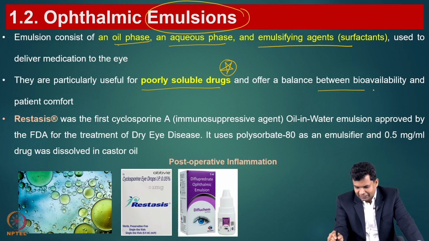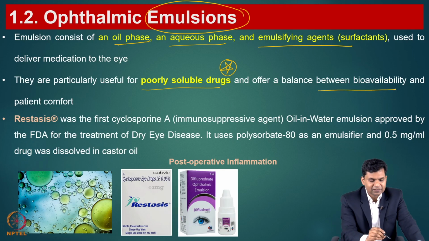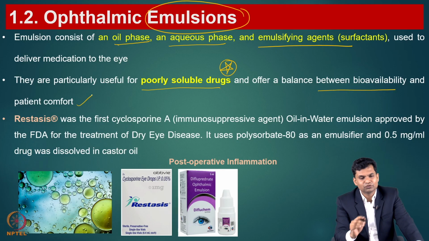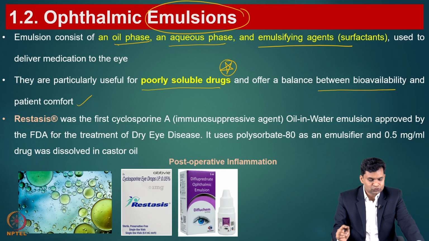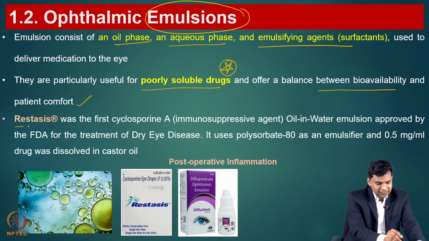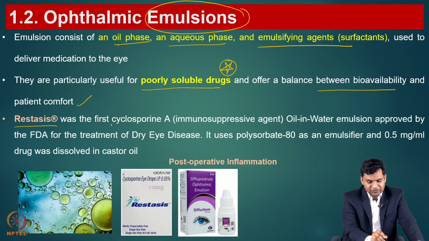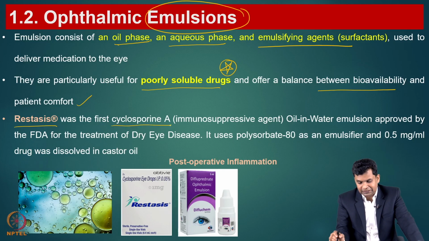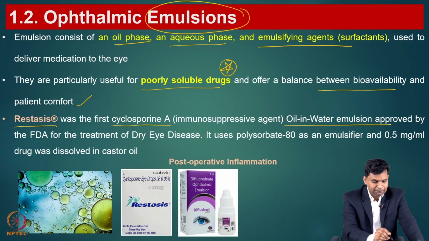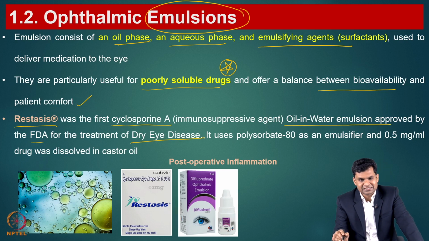That definitely will help with bioavailability, and because you are completely solubilizing the drug, patient compliance will increase. One of the marketed products is Restasis, which is the first cyclosporine oil-in-water emulsion approved by the FDA for the treatment of dry eye disease.